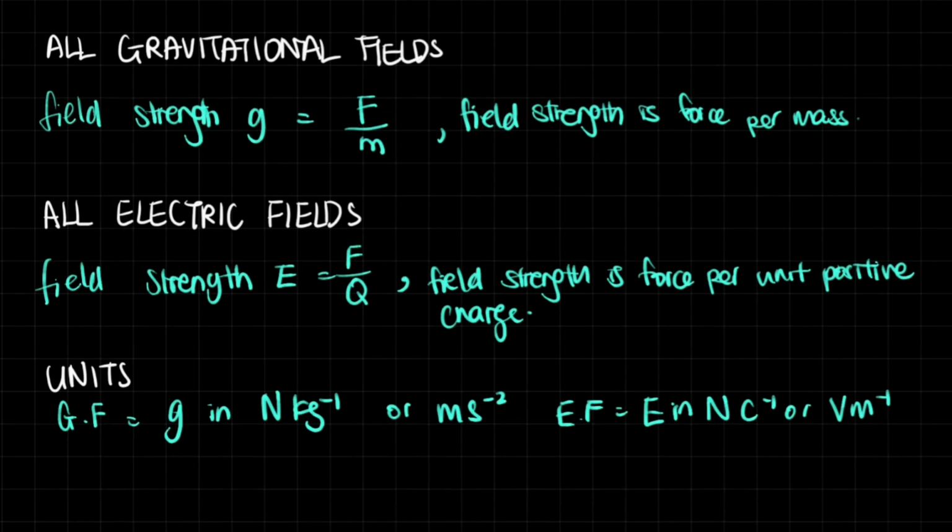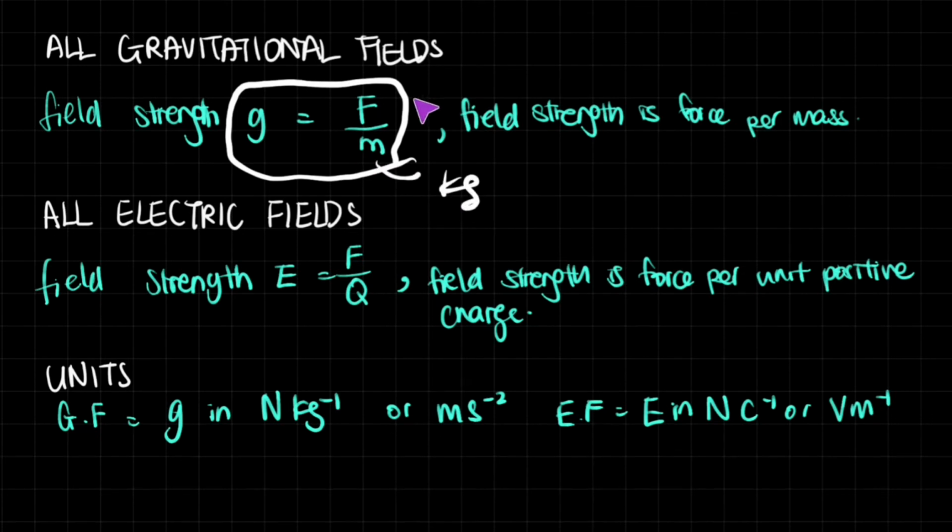Let's talk a little bit about gravitational fields. For every gravitational field, the gravitational field strength g, which on Earth is 9.81 meters per second squared, is denoted by this equation: g is force per mass. Basically, it's how much force is exerted per unit mass, where mass is in kg and force is in newtons, so g is in newtons per kg.